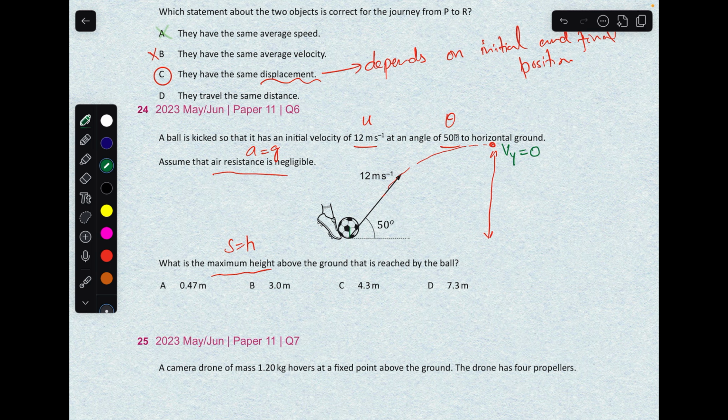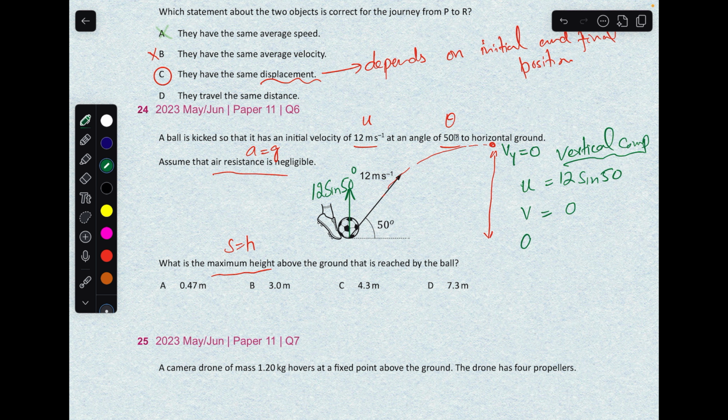At this point, the initial vertical component of velocity will be 12 sine 50 degrees. So we know u, we are talking about vertical components, 12 sine 50. We know the final velocity will be zero at the maximum height.